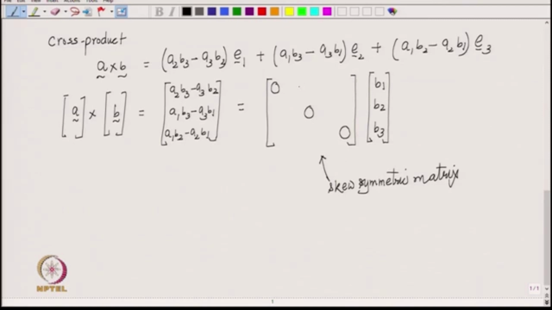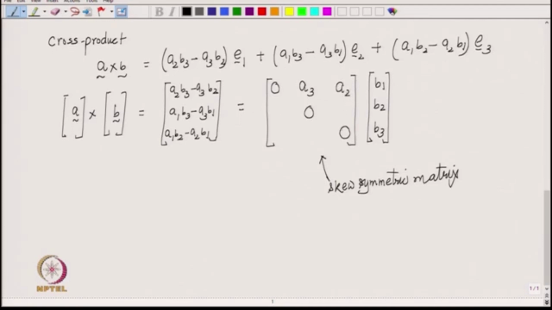The components of the matrix are formed by the components of A. For example, first row second column is formed by the third component of A. So, we have A3 here. First row third column is formed by the second component of A. Whatever is missing you take that component.